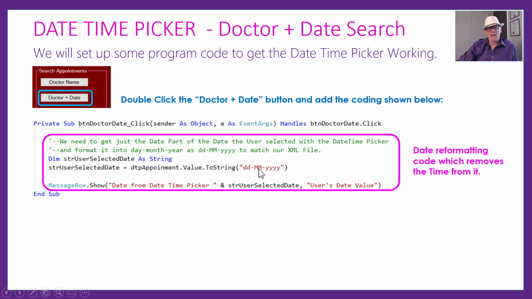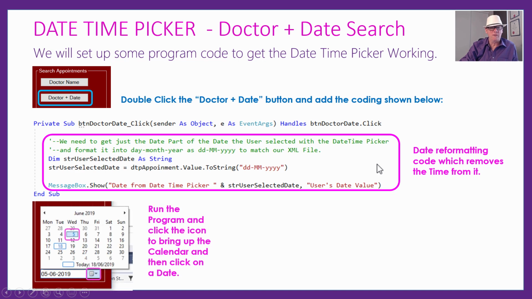We want just the day, the month, and the year. We don't want the time included as well. And that will do the trick. So as well as making all those changes in the properties, you also do need this line of code, this one here, which is going to get rid of the time and only have the date. So it'll discard the time portion and only have the date. So we'll try this out. We're just having a message box to show.